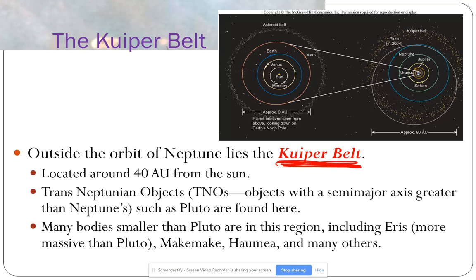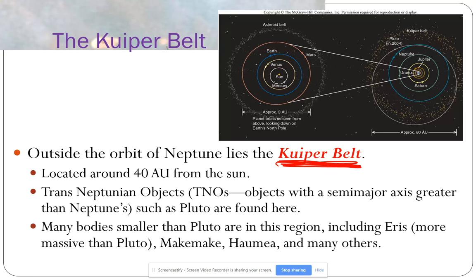It was predicted by an American astronomer, so we do pronounce the name Kuiper, because if we were to use the Dutch pronunciation, which was his heritage, it would be different. The Kuiper Belt is a bunch of icy objects out beyond Neptune. What's an icy object out beyond Neptune? Pluto. Pluto is a Kuiper Belt object.